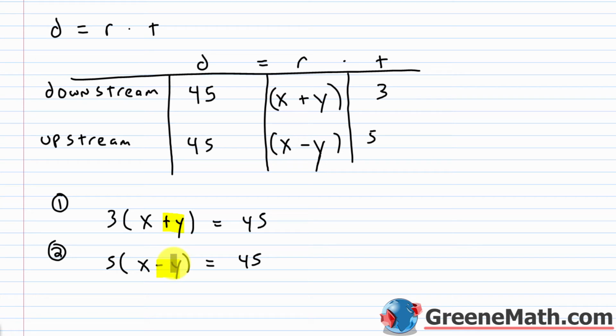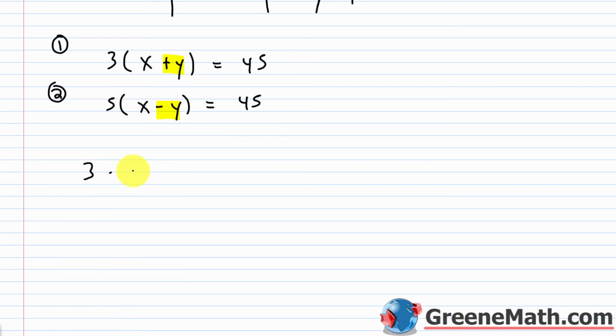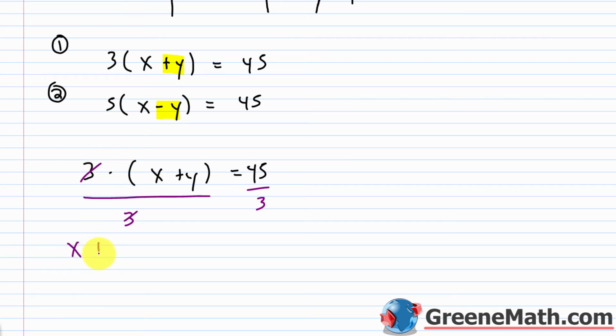Let me move this over here. If I have 3 multiplied by the quantity x plus y equal to 45, I can divide both sides of this equation by 3. This is multiplication, so this would just cancel. Then I'm left with x plus y is equal to 45 over 3, which is 15.